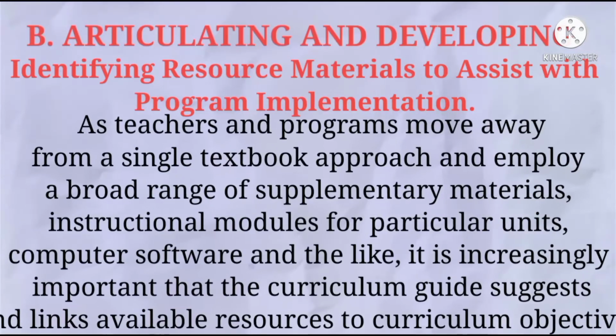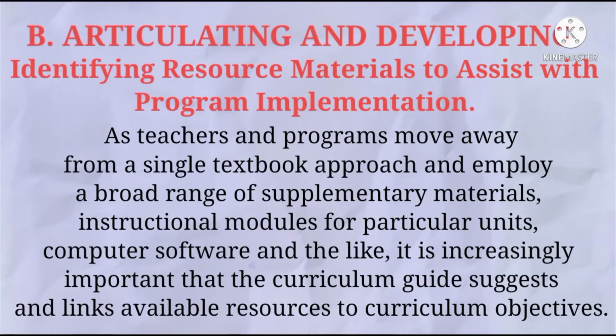As teachers and programs move away from a single textbook approach and employ a broad range of supplementary materials, instructional models for particular units, computer software, and the like, it is increasingly important that the curriculum guide suggests and links available resources to curriculum objectives.